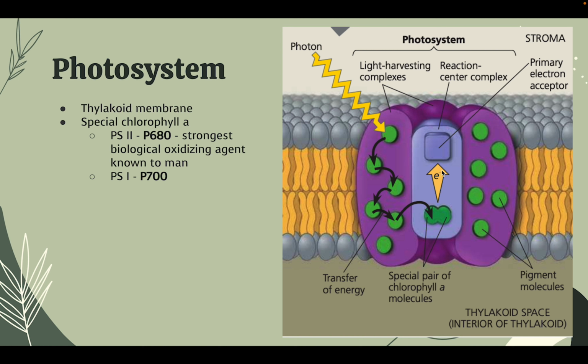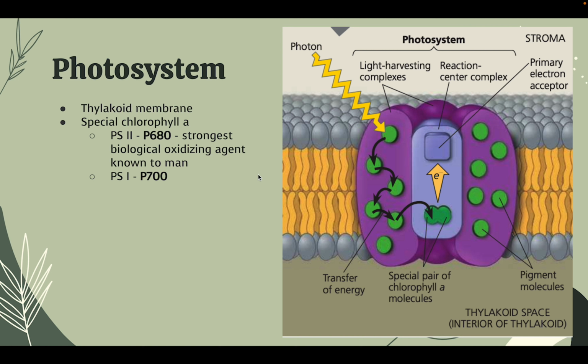That excited electron gets transferred to what we call a primary electron acceptor, and that leaves an electron hole in these chlorophyll A molecules.